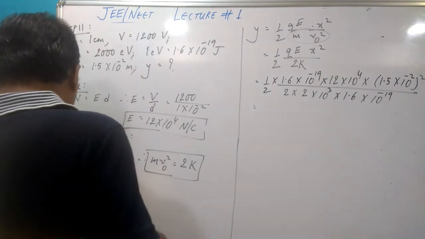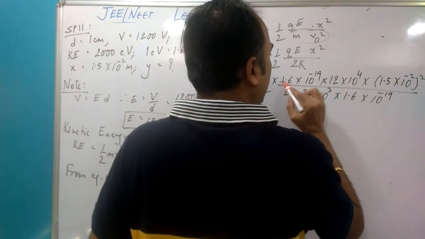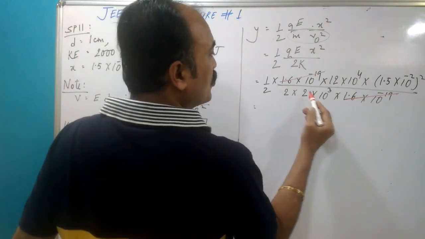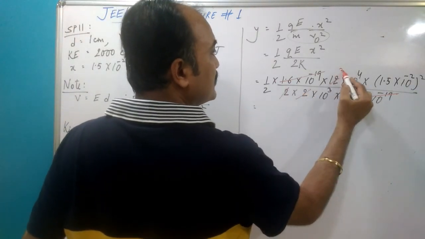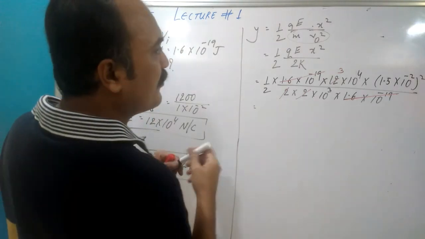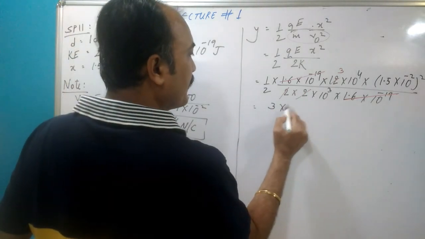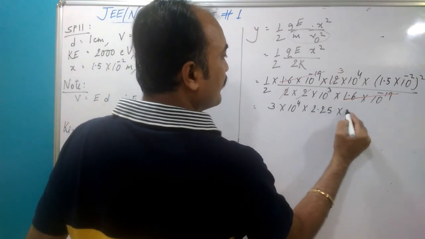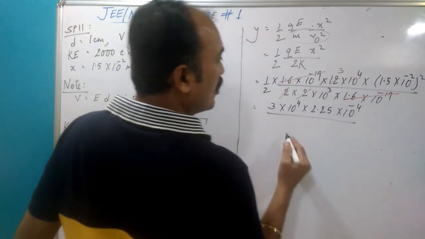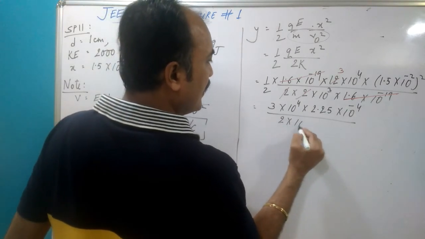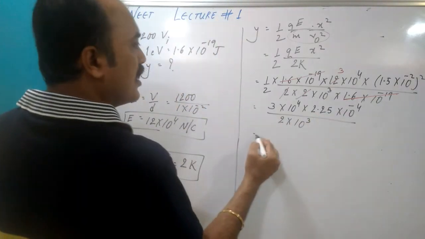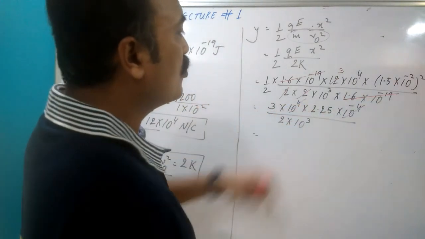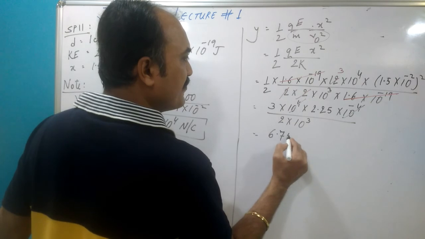So we'll cut things that come in our way. It's cut. What else? 2 2s are 4. So this is 3. And if you are willing to open brackets with me, come with me. 1.5 squared is 2.25. 10 raised to minus 4 over, this is 2 here, into 10 raised to 3. 4 minus 4, again another God's gift, gone. 3 into 2.25 is 6.75.